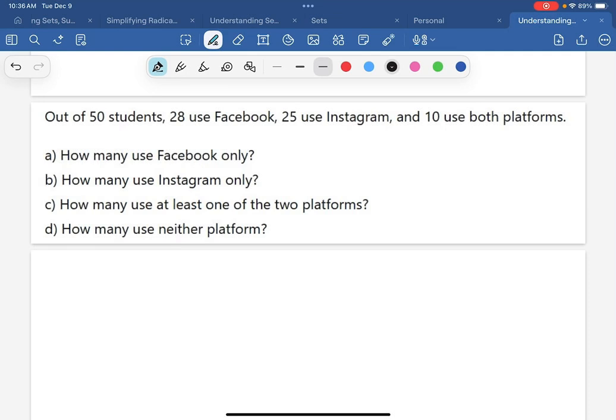Now let's have the last problem involving 2 sets. Our problem here says out of 50 students, 28 use Facebook, 25 use Instagram, and 10 use both platforms. So let's illustrate the sets first.